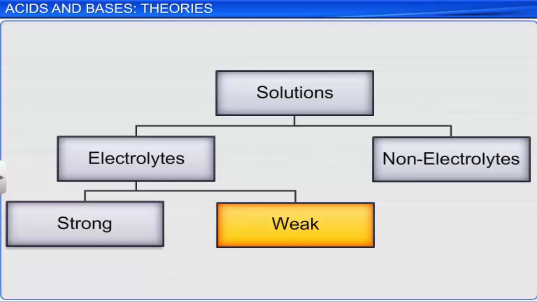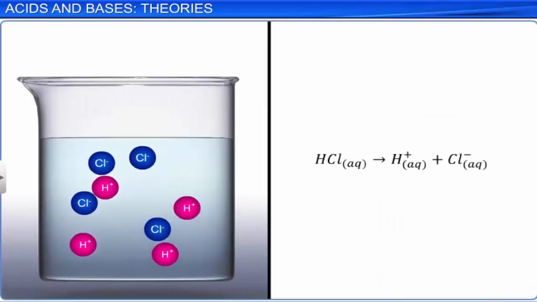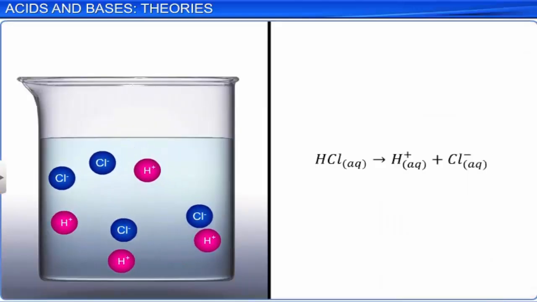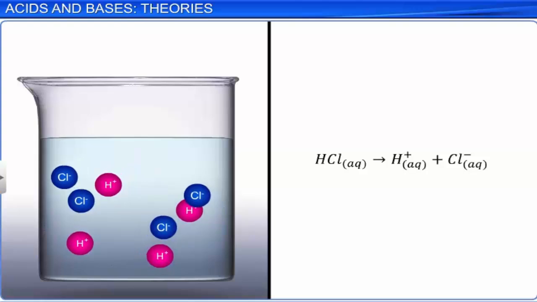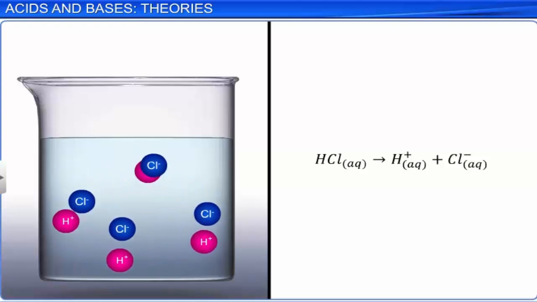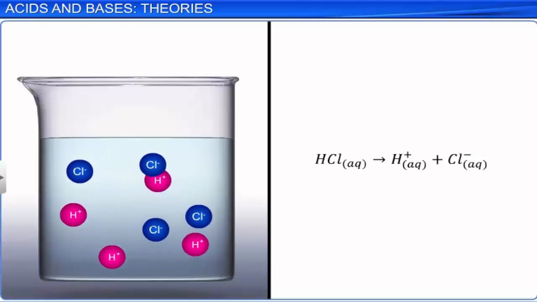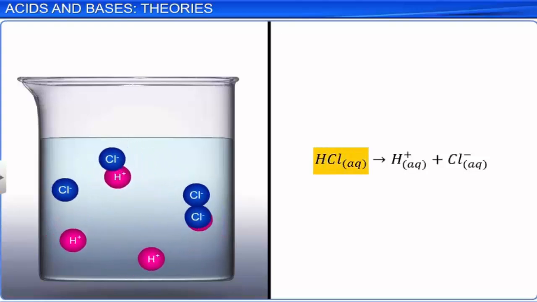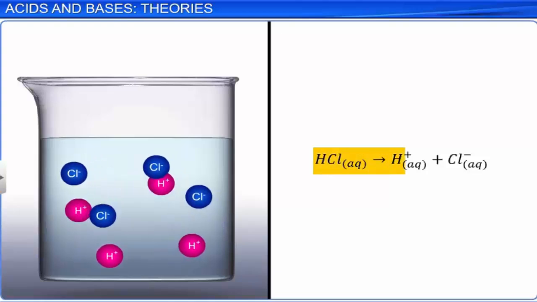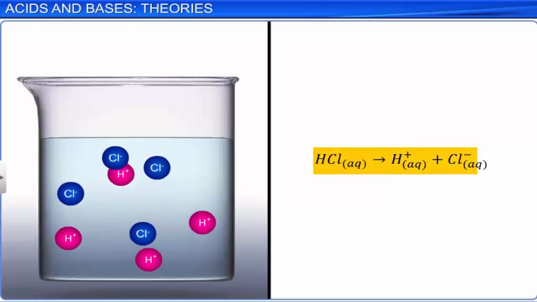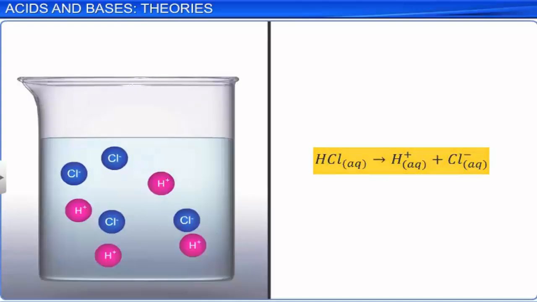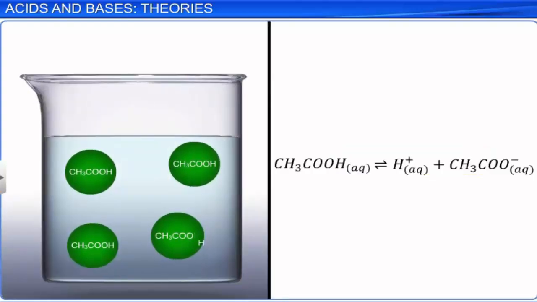For example, HCl is considered a strong electrolyte as it undergoes dissociation completely when dissolved in water. An aqueous solution of HCl contains only H+ and Cl- ions. On the other hand, acetic acid is considered a weak electrolyte as it undergoes ionization to a very limited extent.